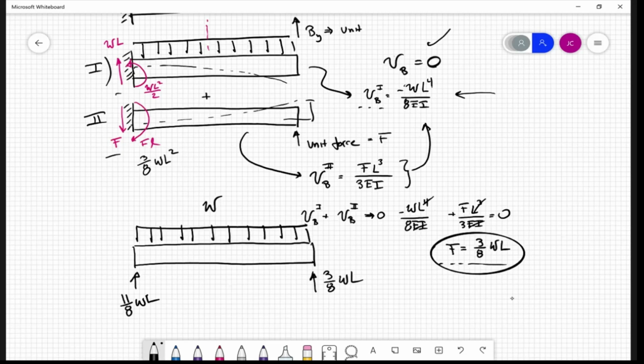Well, W over 2 is bigger than 3/8 W. So that gives me a net moment going this direction. WL squared on 2 is 4 WL squared on 8, minus 3, so this is WL squared on 8.